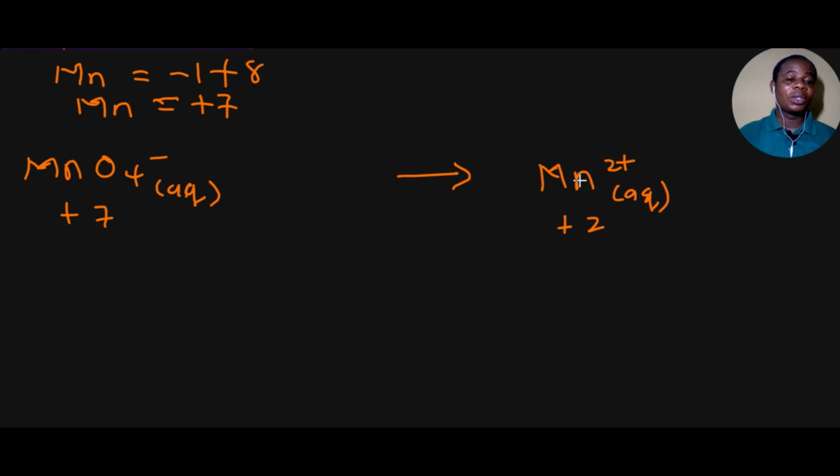Mind you, how many electrons do we need to add to this? That's 5 electrons, because it moves from +7 to +2, which means 5 electrons need to be added to this. Here you need to add water to this and add hydrogen ion to this.